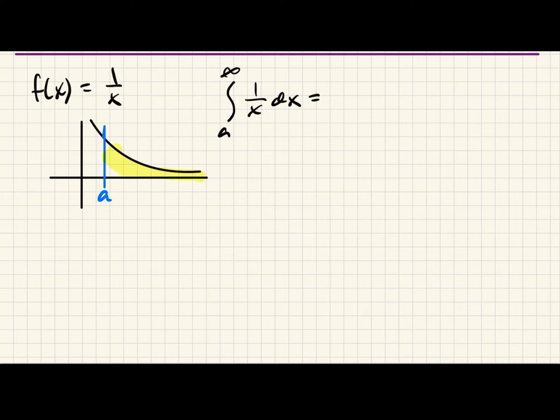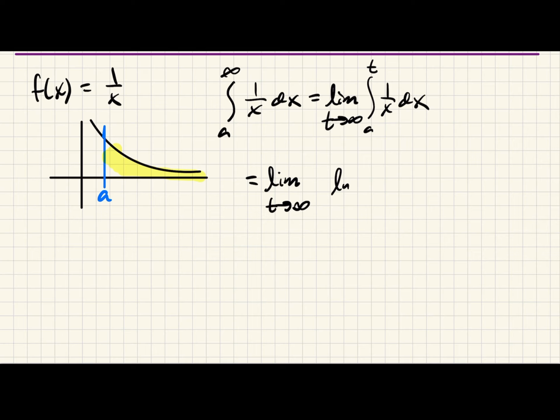So I'm going to say, all right, this will be the limit as t goes to infinity of the integral from a to t of 1 over x dx. And then now this one would become the limit as t goes to infinity of the natural log of the absolute value of x evaluated from a to t.